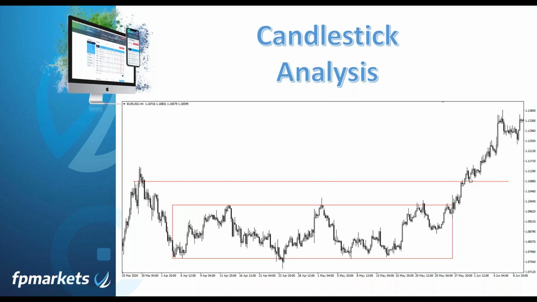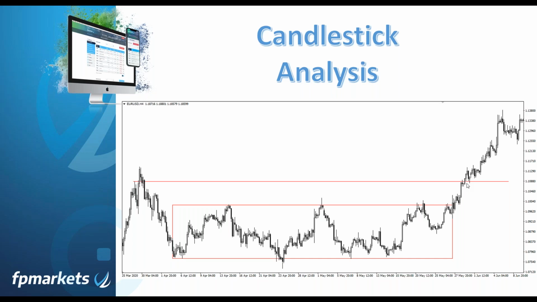The second point, of course, is the hammer pattern's structure. Yes, we formed a lower shadow twice the size of the candle's real body, but the upper shadow was a little larger than I would have liked. So, for me, I would label this as a half-hearted hammer pattern. Despite this, though, the hammer pattern still formed a notable bullish signal.